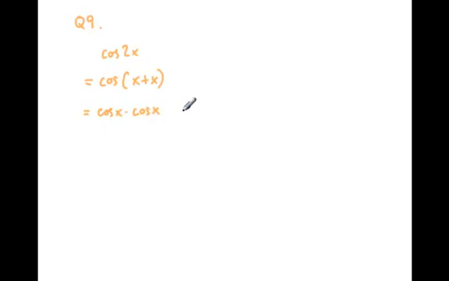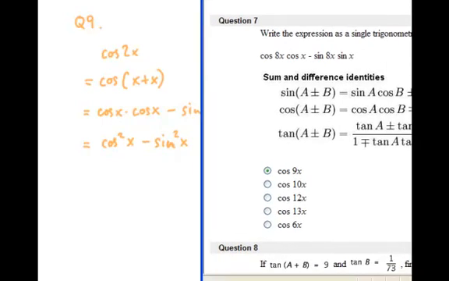This is the sum formula that is given in the test, minus sine x times sine x, and that is of course cosine squared x minus sine squared x. Notice this is not the Pythagorean identity, because there's a minus. Pythagorean has a plus.